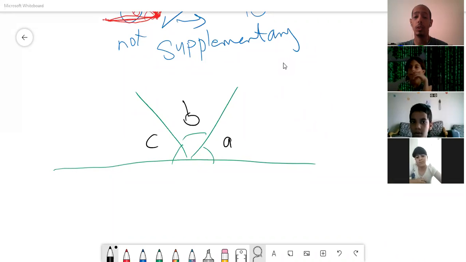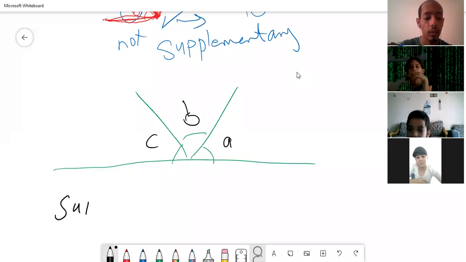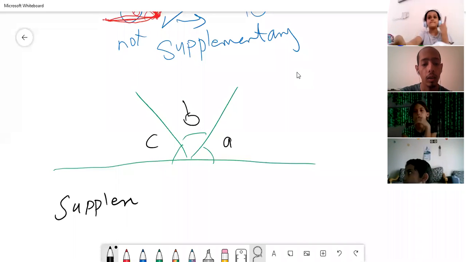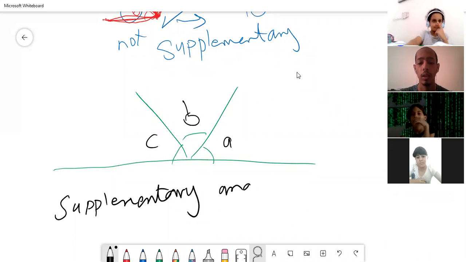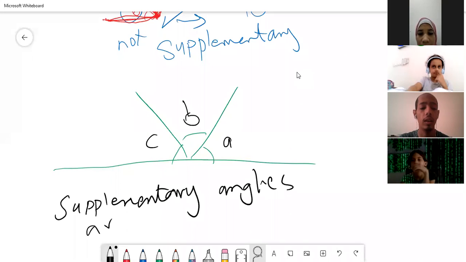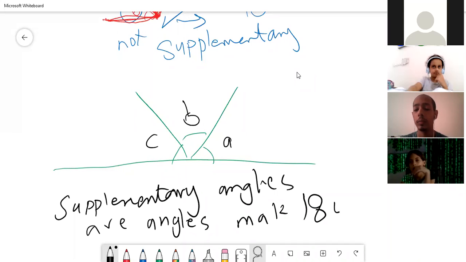Do you remember what supplementary angles are? Supplementary angles are angles that make 180. If we add them, we are gonna get 180.